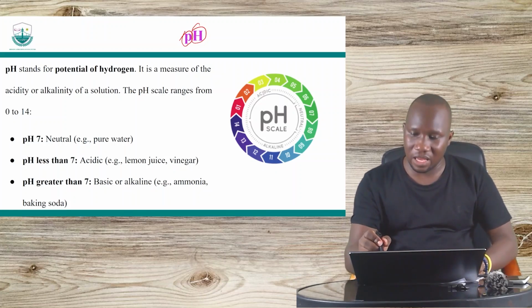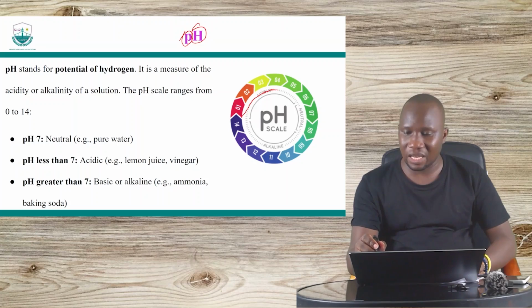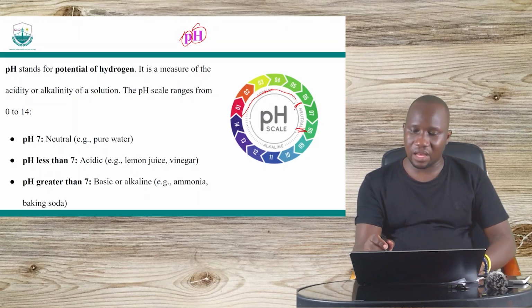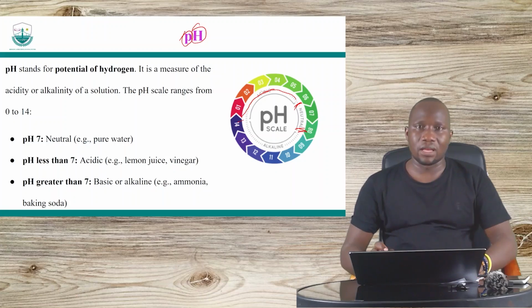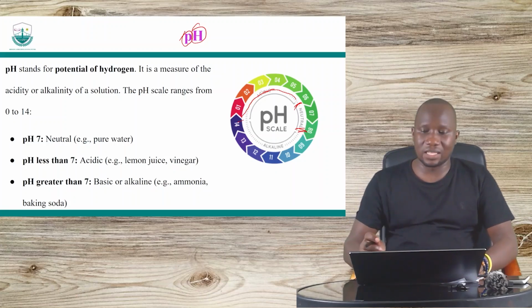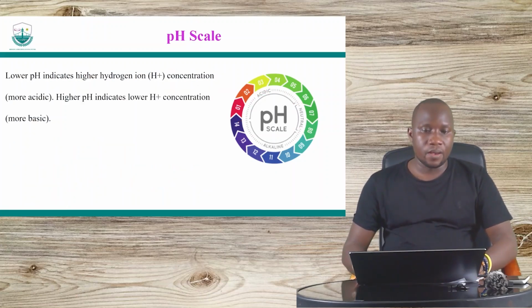You can notice here acidic. As we go on, it turns to neutral. So around here you have neutral, and from there upwards you have alkaline solutions. That's the pH scale.